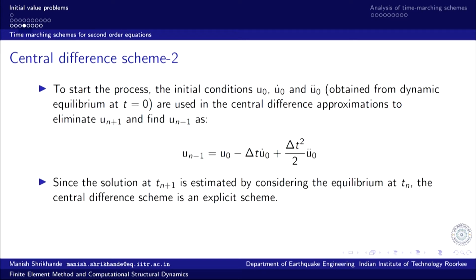solution. The solution at time instant t n plus 1 is estimated by considering the equilibrium at the previous time instant t n. The central difference scheme is obviously an explicit scheme, and it is for the special case when the damping is very small or it is an undamped system that we are looking at, and for a lumped inertia matrix the equations can be solved.